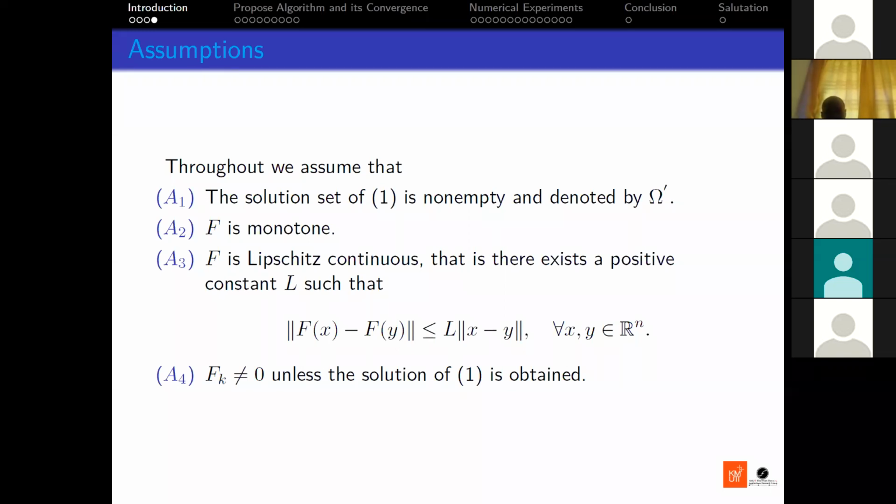If your F does not satisfy this, can your method still work? It may work numerically, but theoretically, if you remove the assumption that F is monotone, that is, normally it may not be monotone. That's why I asked: if F is not monotone, what happens? Is your algorithm still working?